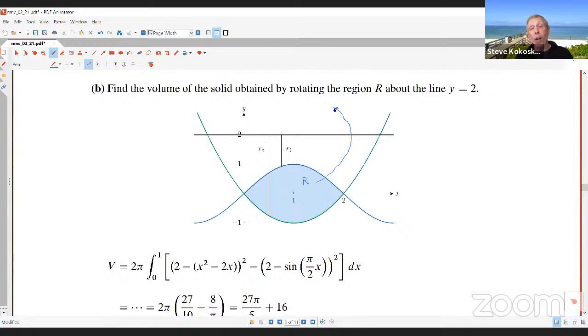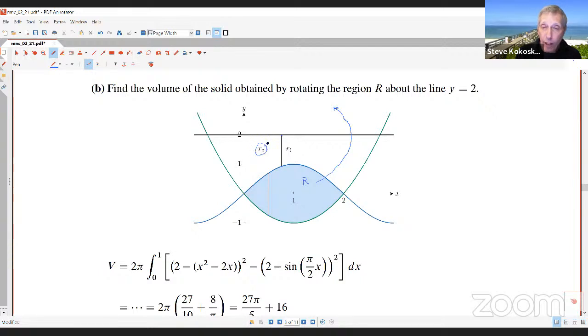Now, the way that I solve these, I wish I had more time to go into this, is I draw in two straight lines, one representing the outer radius. This has got to be washers because the axis is not a bounding curve. So I'm going to draw in one line from the axis of revolution to the outer curve, one straight line from the axis of revolution to the inner curve.